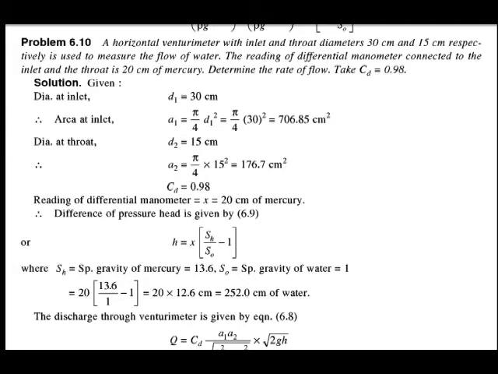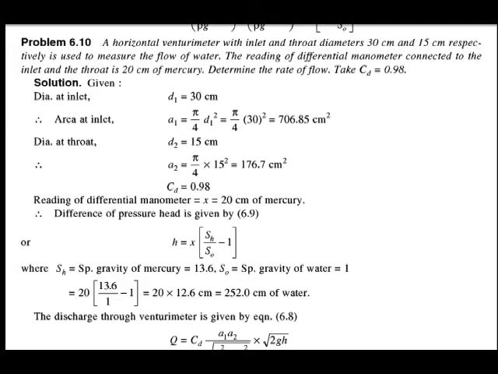It is used to measure the flow of water. The reading of the differential manometer connected to the inlet and the throat is 20 centimeter of mercury. Determine the rate of flow. Take Cd as 0.98.